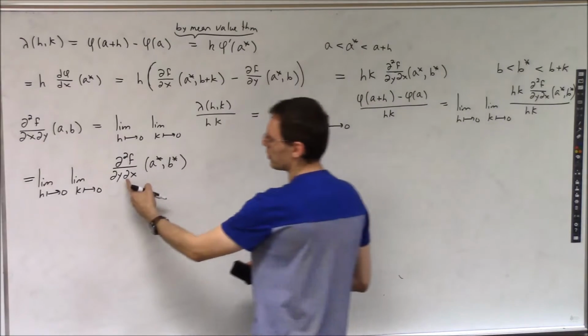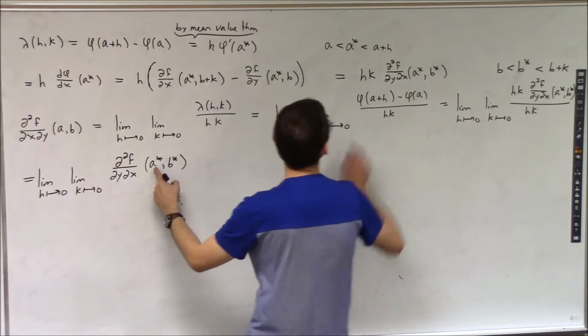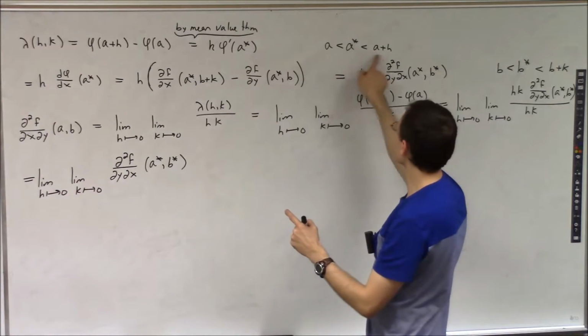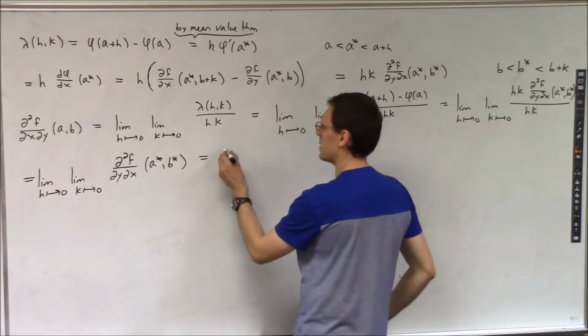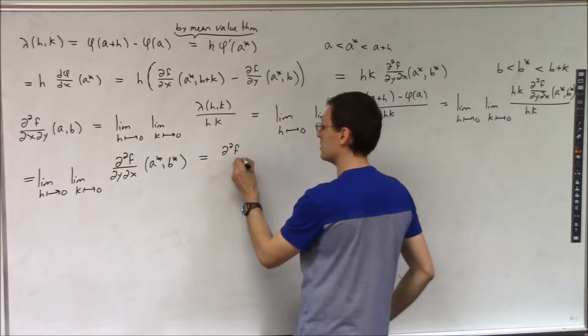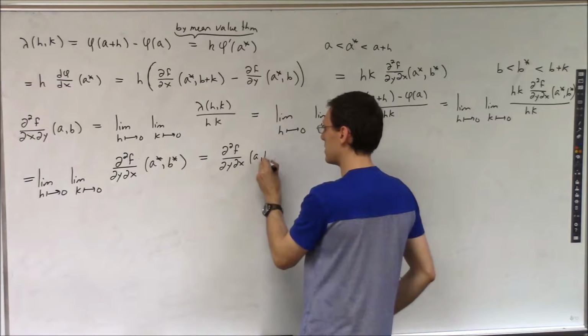Now what we know this by hypothesis is continuous, right? So by hypothesis it's continuous, and a star is going to be squeezed towards a, and b star is going to be squeezed towards b. So what it's going to be the mixed partial d squared f dy dx at ab.